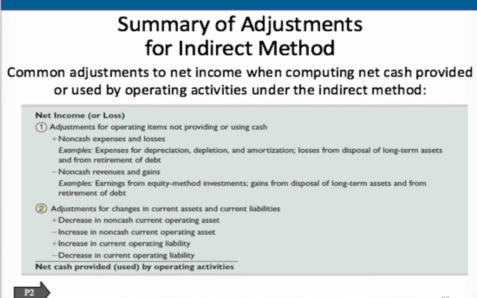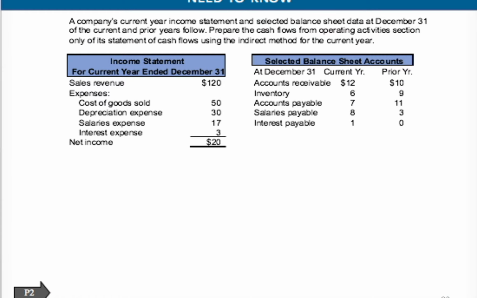This slide summarizes the adjustments to net income when computing net cash provided or used by operating activities under the indirect method. Again, you can take a look at these need-to-know slides on your own.